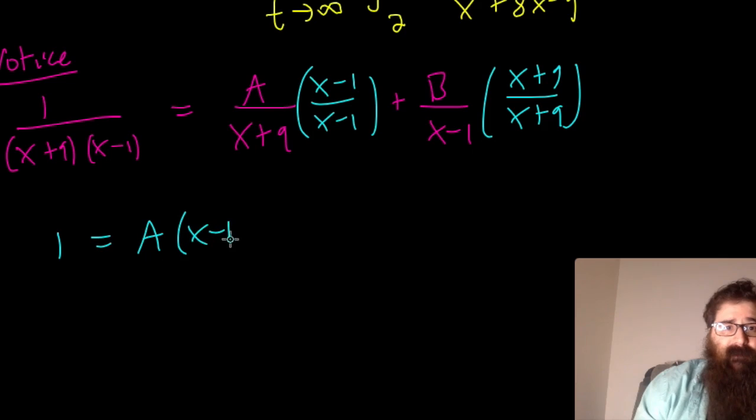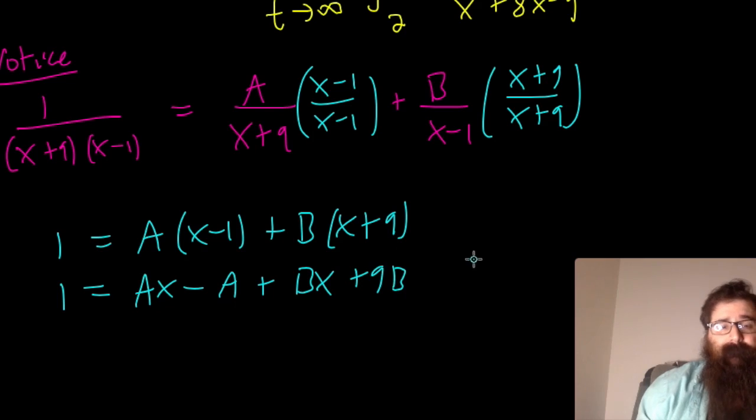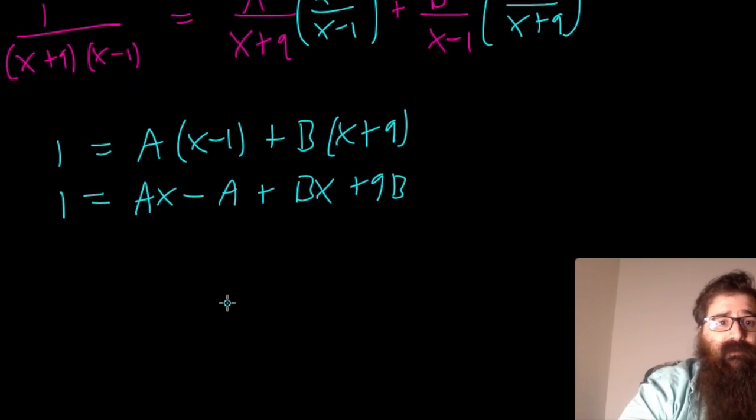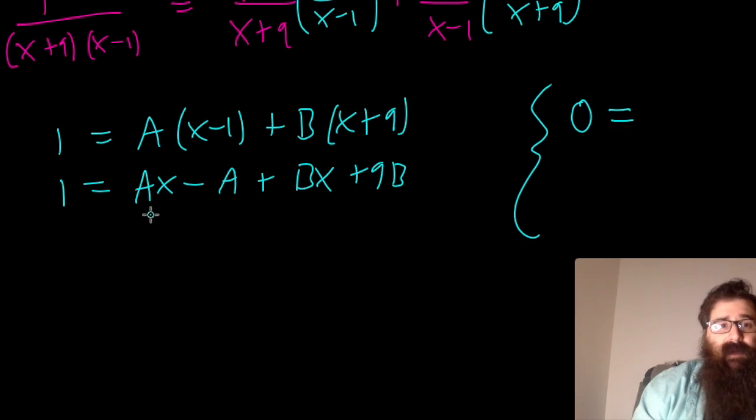I can say, well, then 1 should be equal to A times x minus 1 plus B times x plus 9, or that 1 is equal to Ax minus A plus Bx plus 9B. And I want to set like parts equal. If I look on the left-hand side, I don't have any x term, so it would be a 0 from the 0x.